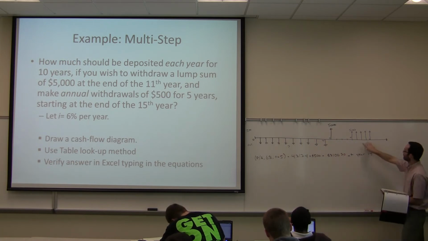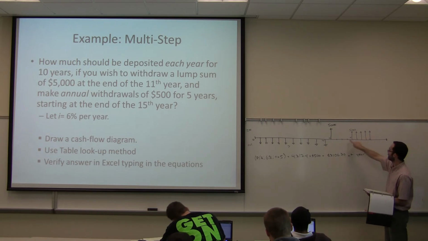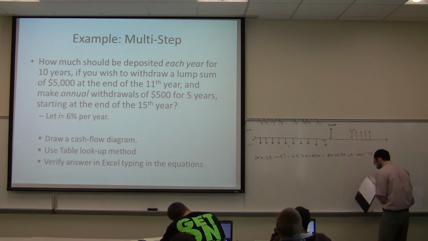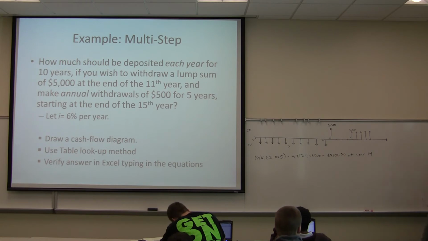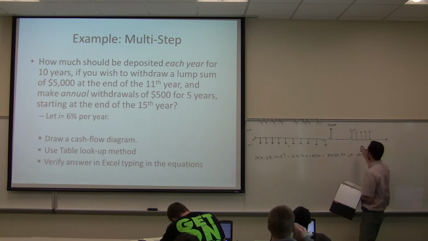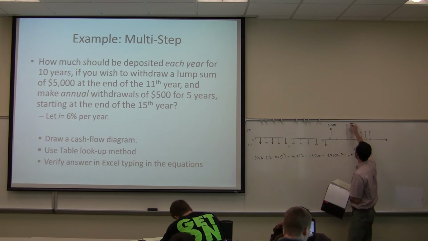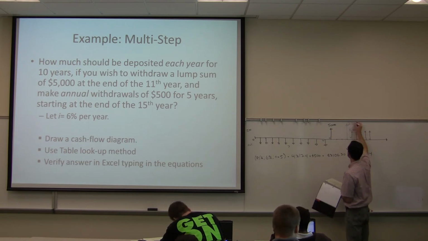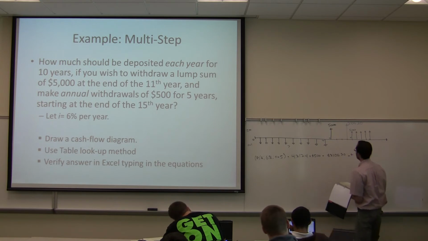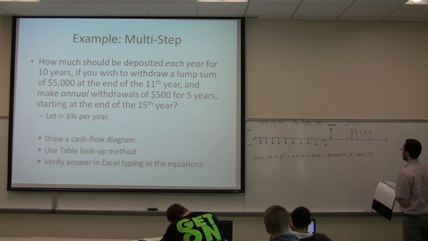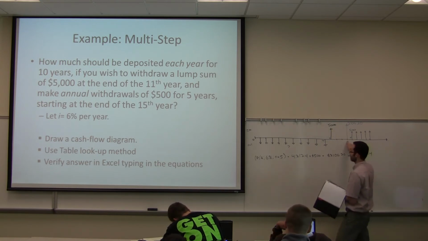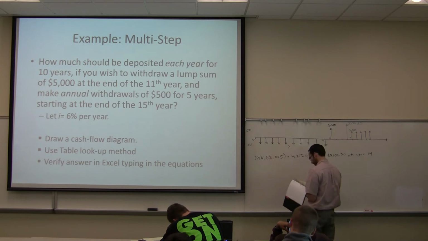So what I've done is I've converted this annual series here, I've taken it to year 14. So I'm going to draw what it is now. So I move that to this. And I found that its equivalent is 2106.20.